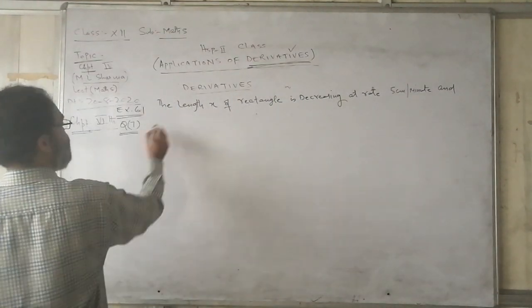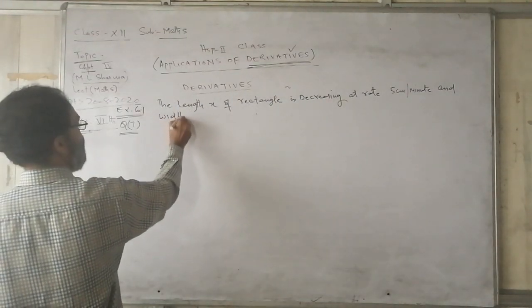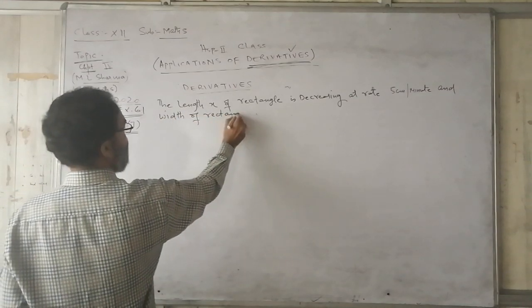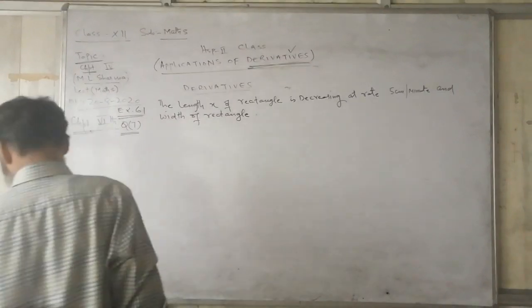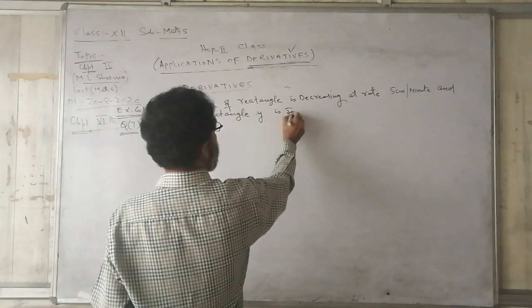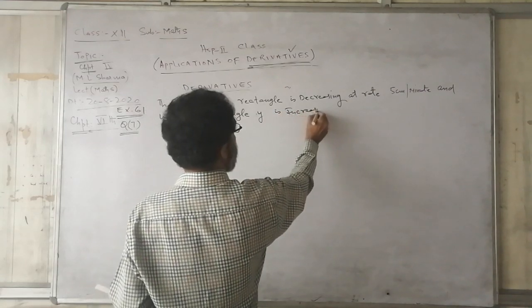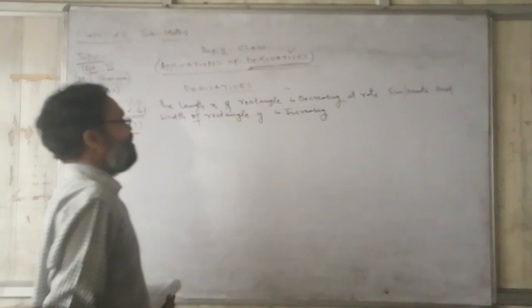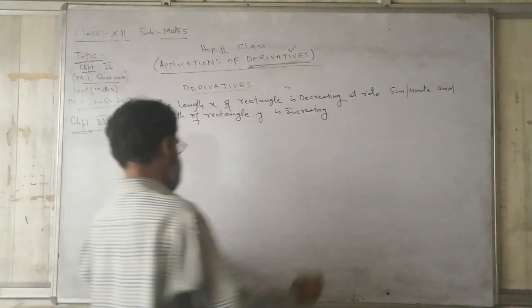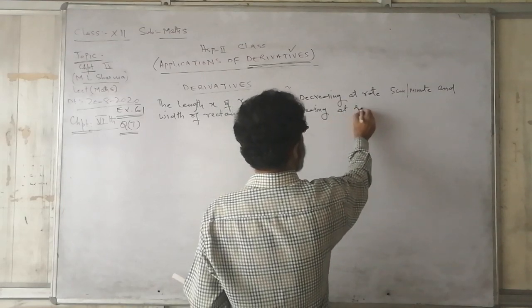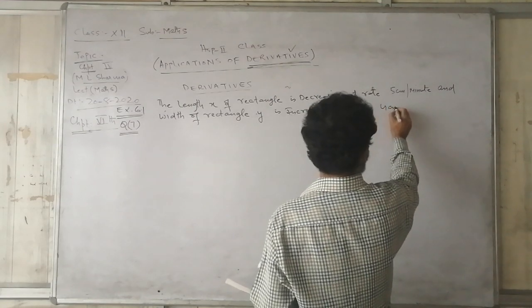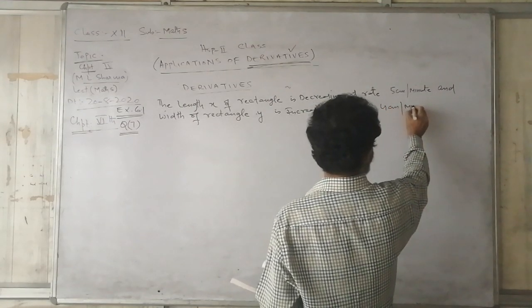And the width of the rectangle is increasing. The length of the rectangle is decreasing and the width is increasing at a rate. Its rate is also given, and that is 4 centimeter per minute.